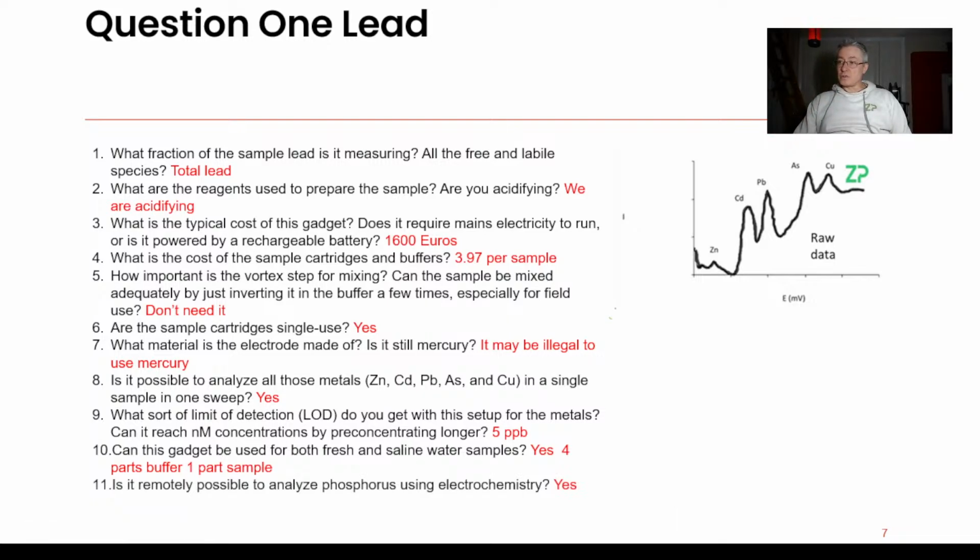We can also do phosphorus using electrochemistry, is the quick answer. We absolutely can. We do have a phosphorus sensor, or phosphate sensor. For me, I'm thinking phosphate. The only problem I've got with this is that it's using what's called an ion selective electrode. Ion selective electrodes have good sensitivity. That means that from sensor to sensor we'll have good sensitivity, but it's the offset that's variable.